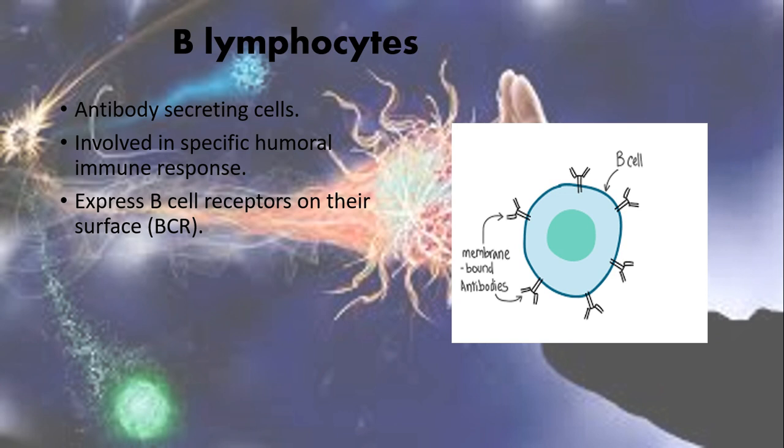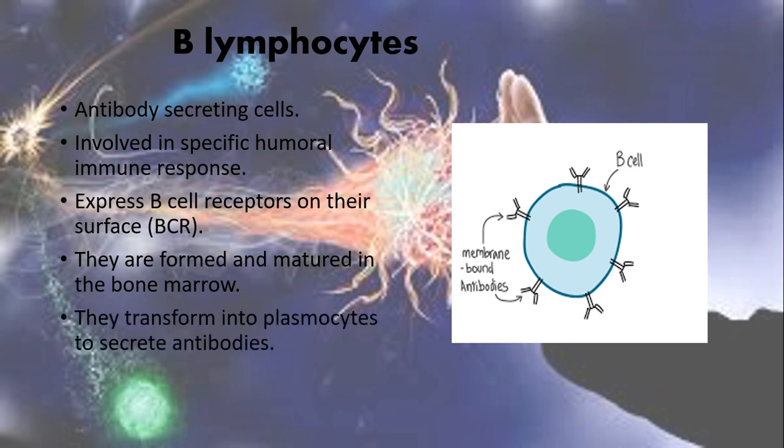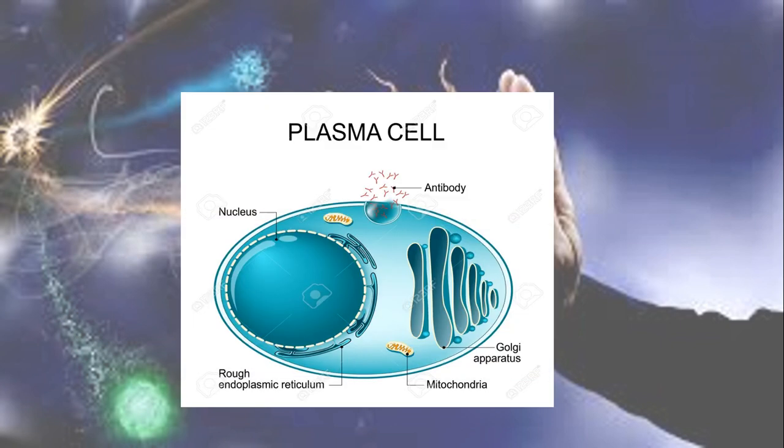And these receptors that you can see, which appear at the surface of the B lymphocyte, are said to be a B cell receptor. The B lymphocytes are produced and matured in the bone marrow. They transform into what we call plasmocytes or plasma cells when they are ready to secrete their antibodies.